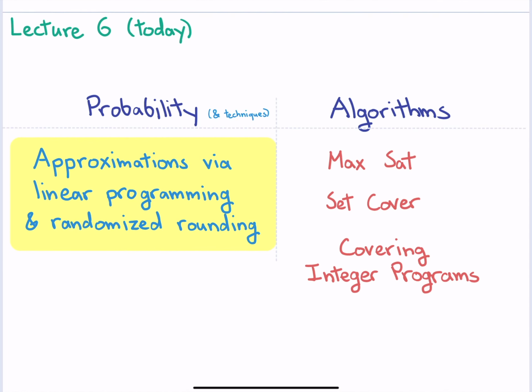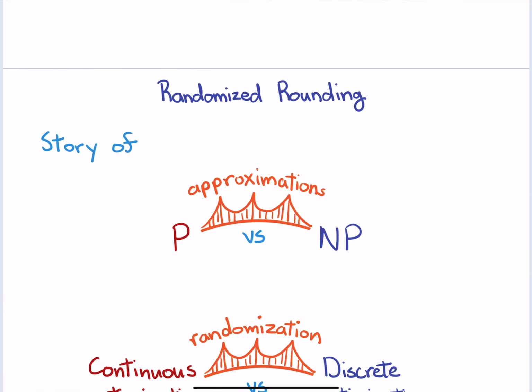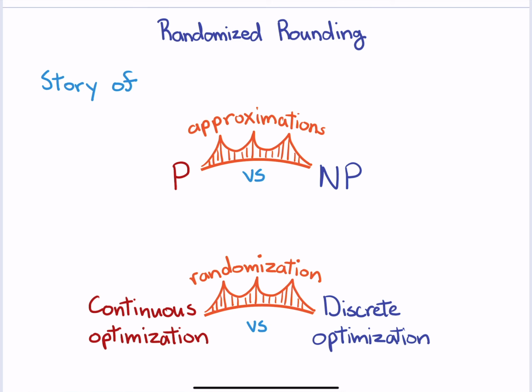All right, so let me explain this general paradigm of using linear programming. Randomized rounding is especially useful when looking at NP-hard problems.